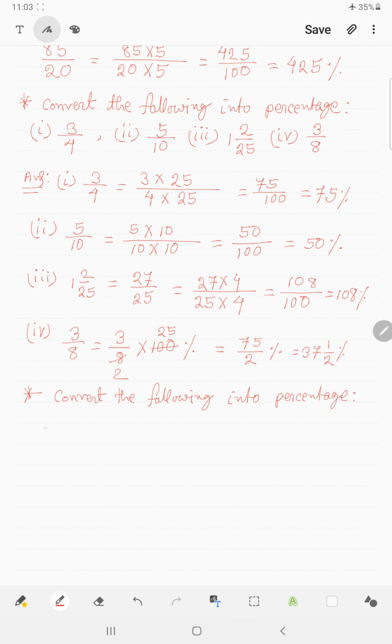Okay, number one, suppose 1 whole 2 by 3. Okay, number two, suppose here 4. Okay, and number 3 here it is given that 7 by 9. These questions are given to you and you have to convert into percentage.